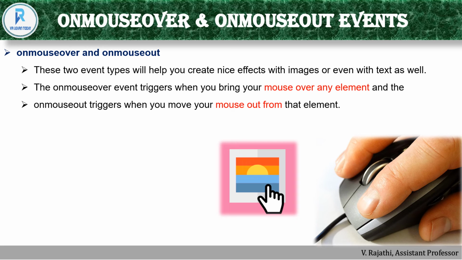So if you move onto that text or image, the color will change or it will zoom in or zoom out. Some animations, some effects you can add through mouseover and mouseout.